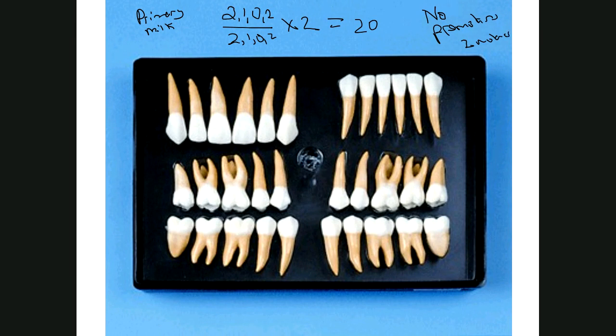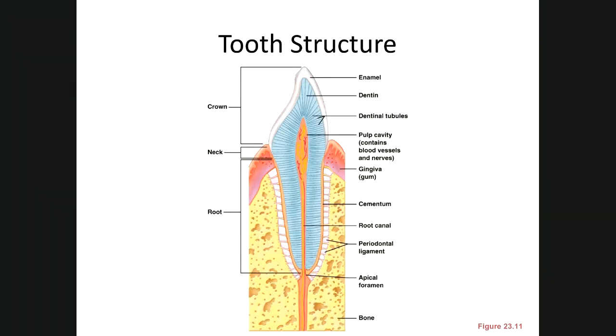But no matter which tooth you're looking at, they have pretty much the same structure. And if we look at this picture, we can see this white part, and then we can see this part. And that's true for all of this. Well, the white is enamel. And the part of the tooth that's covered in enamel is called the crown.